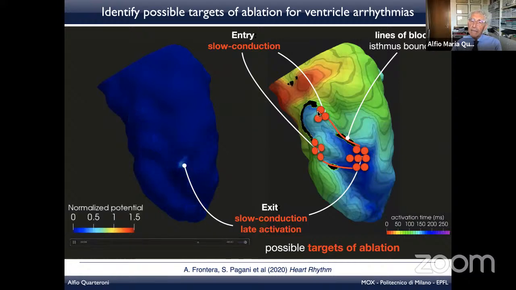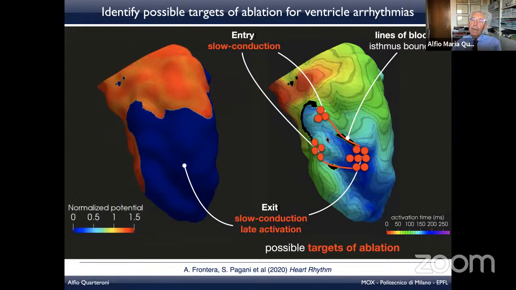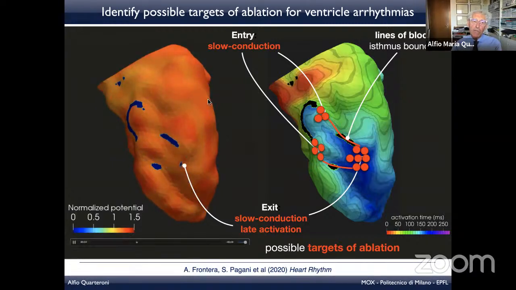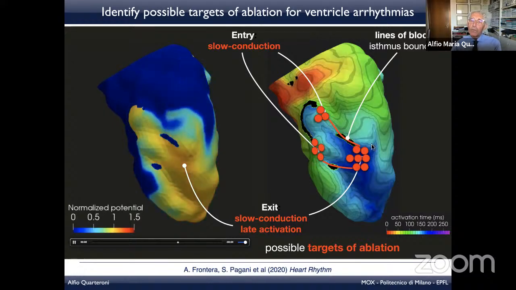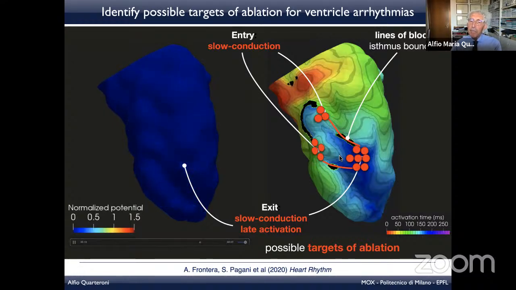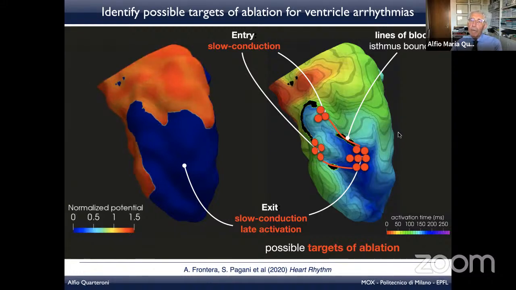This, in the end, is our goal: to try to help, by means of the simulations that we see on the left, which are non-invasive, doctors to find the best possible points where to ablate.